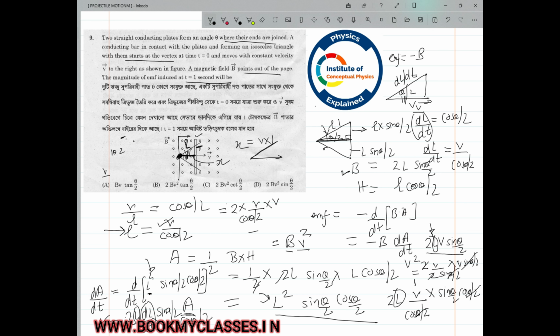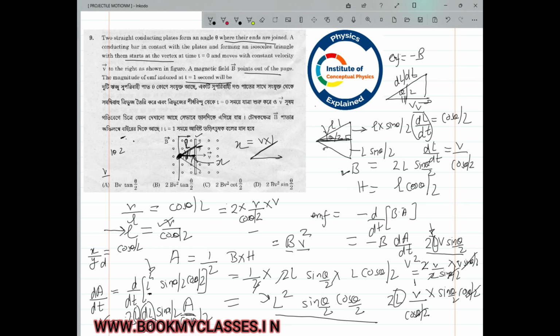If you notice the relationship which I found out, I can take the derivative of both sides. If this was x, then x upon this particular thing is y, which we have written as cos theta by 2, right?